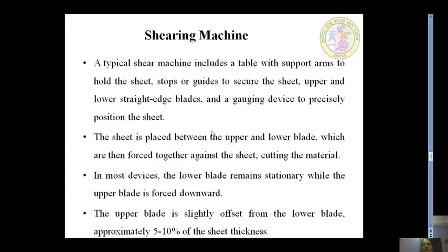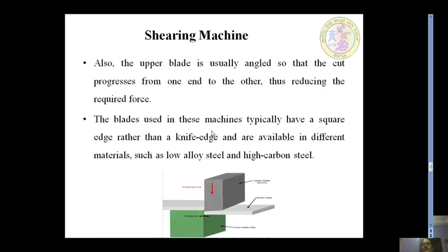The sheet is placed between the upper and lower blade, which are then forced together against the sheet cutting the material. In most devices, the lower blade remains stationary and the upper blade is forced to move down. The upper blade is slightly offset from the lower blade. Usually it is 5 to 10% of the thickness of the sheet.